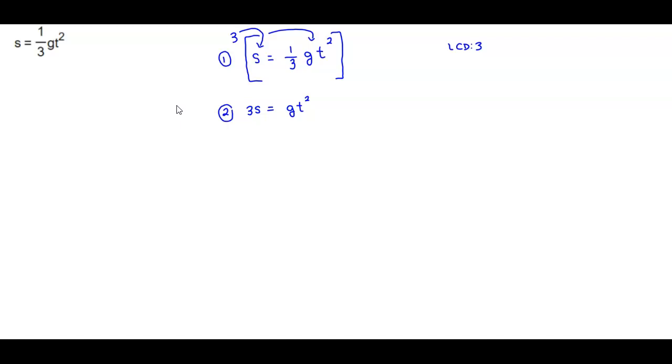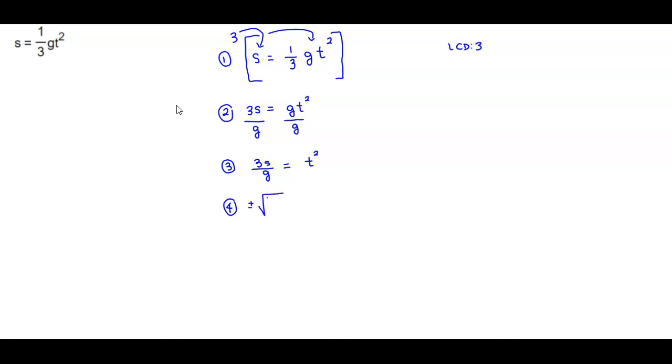Okay, now, in order for us to isolate t, we have to divide by g first. So therefore, we have 3s over g, and that's equal to t squared. Okay, now we need to solve for t. In order to do that, we're going to have to take the square root of both sides.